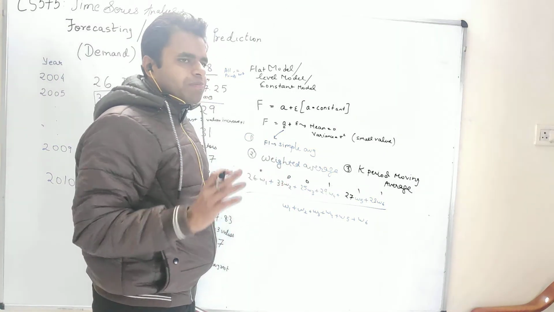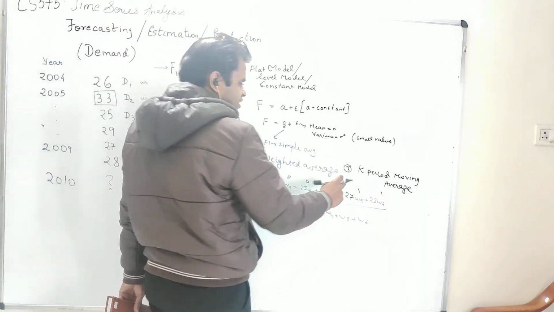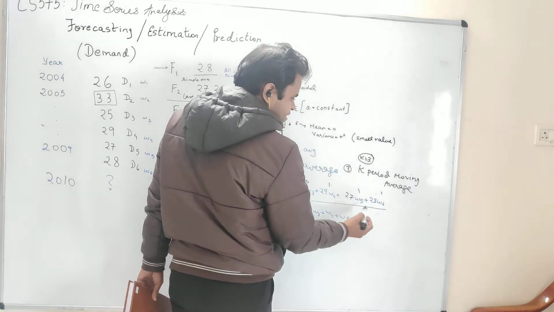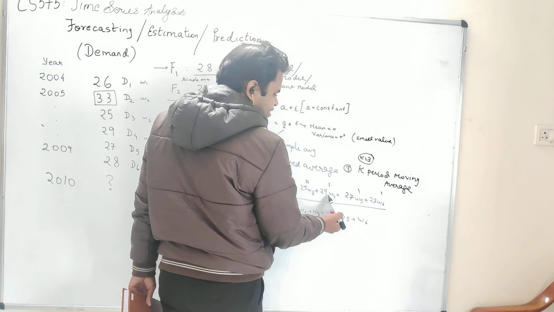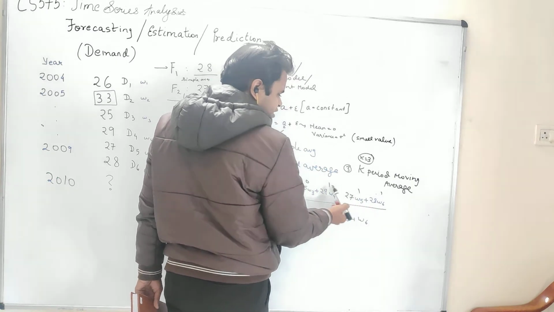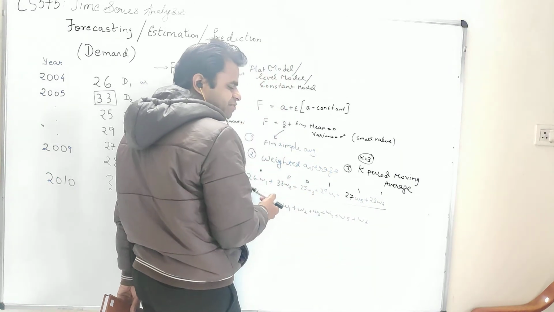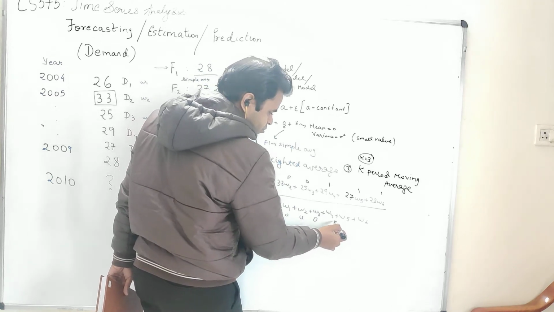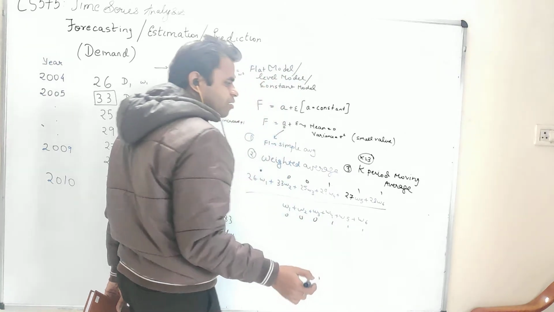So what does K period moving average mean? For example, in this case, K is equal to 3. When K is equal to 3, I am taking the last 3 values as the weights of 1 and the others as the weight of 0. So this will also be 0, W3 will be 0, and this will be 1 plus 1 plus 1.